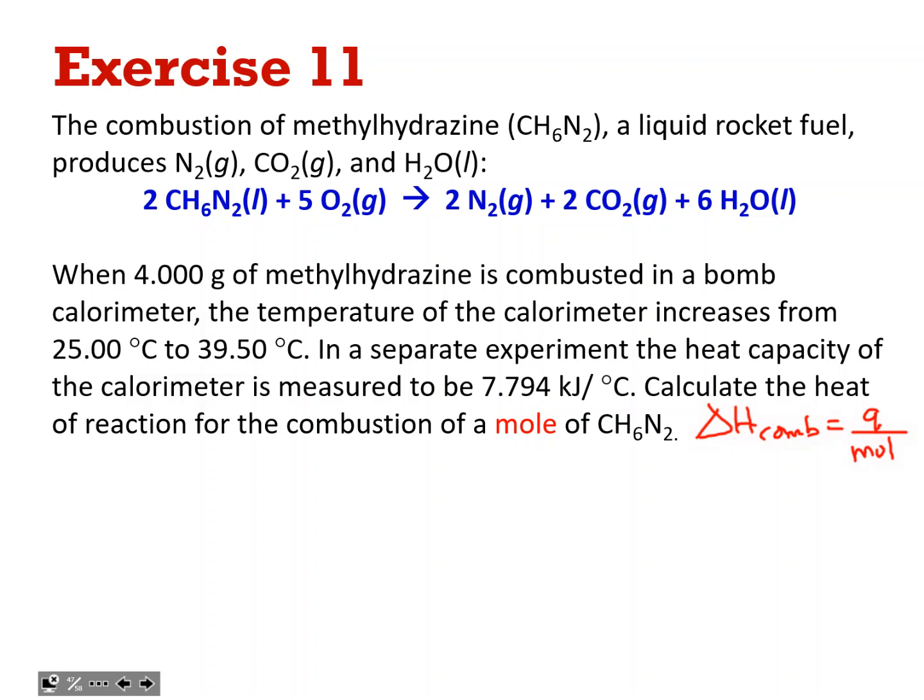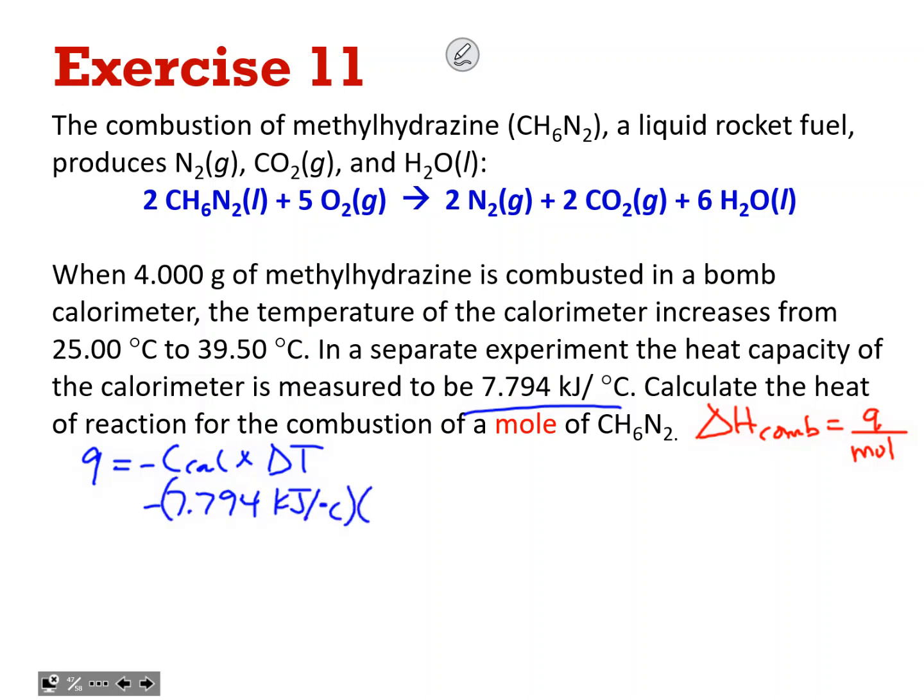How do we find Q? We can use our bomb calorimetry equation because they gave us the capacity. C-cal, delta T. So this is negative 7.794 kilojoules per degree Celsius times the change in temperature, 39.5 minus 25. That gives us Q. And what do we get for Q here?